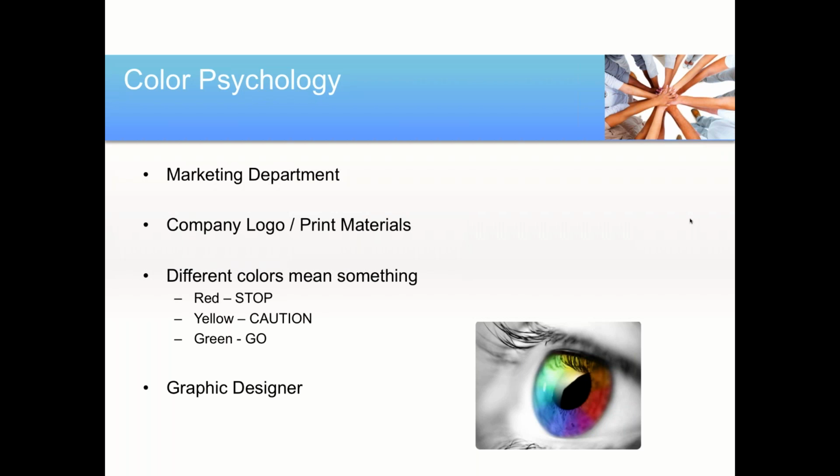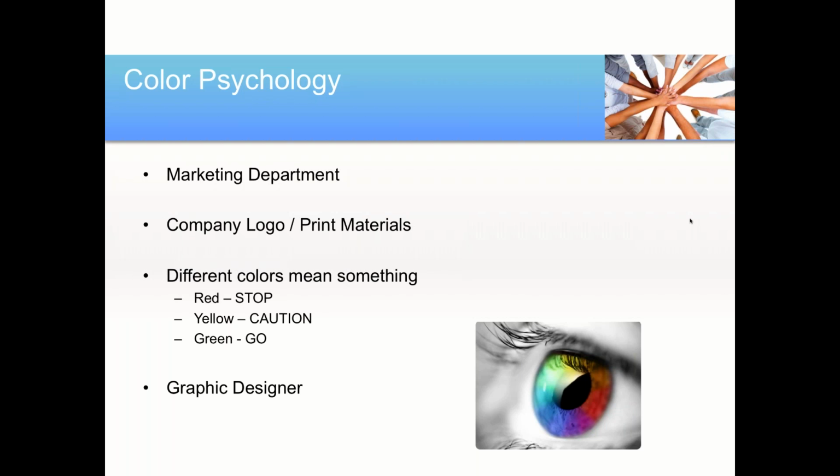We know that we want to keep the branding and marketing the same as within the business. So we look at your company logo, we look at your print materials. The part where we have trouble with, especially with marketing departments, is when the color red, the color green, or the color yellow is involved.